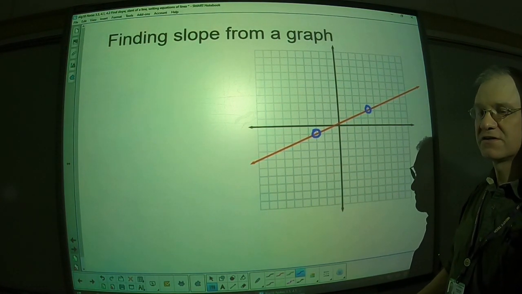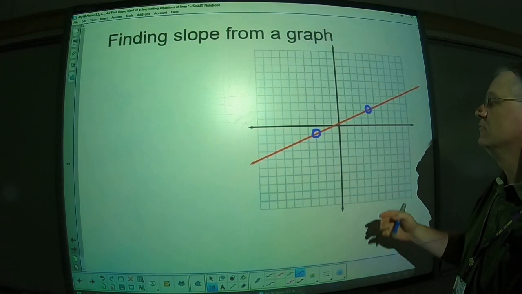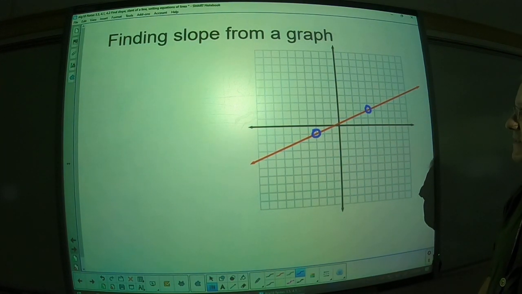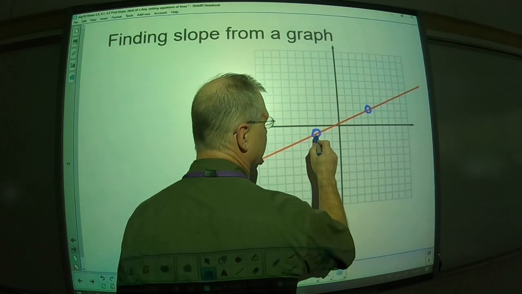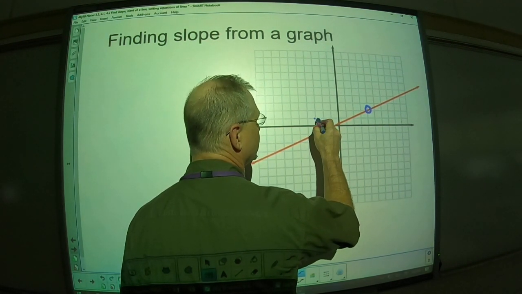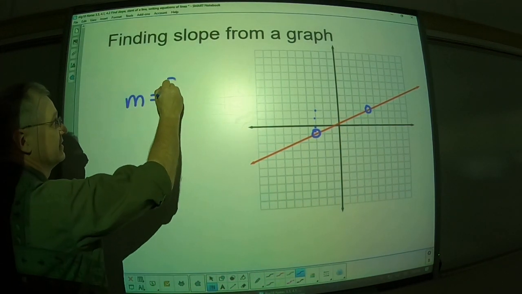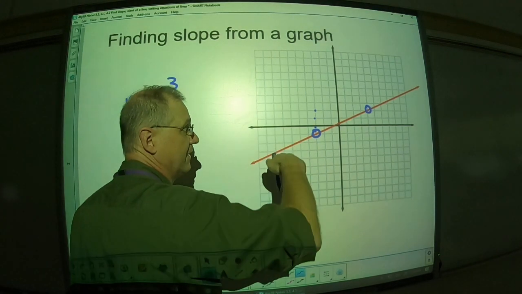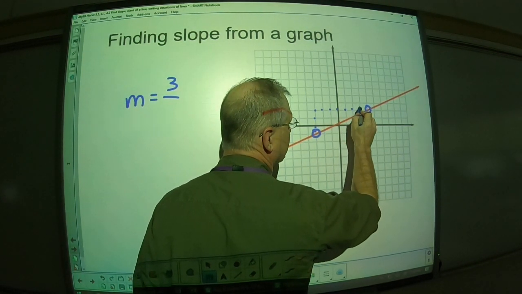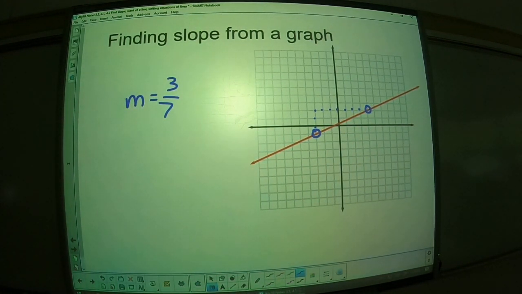So if you're given a graph, and you're trying to find slope from it, you have to find two places where it intersects nicely. Now, if I were to count this, I'm going to count up, 1, 2, 3. So my slope is a positive 3 on top, up, and to the right, 1, 2, 3, 4, 5, 6, 7. So there is my slope, 3 over 7.